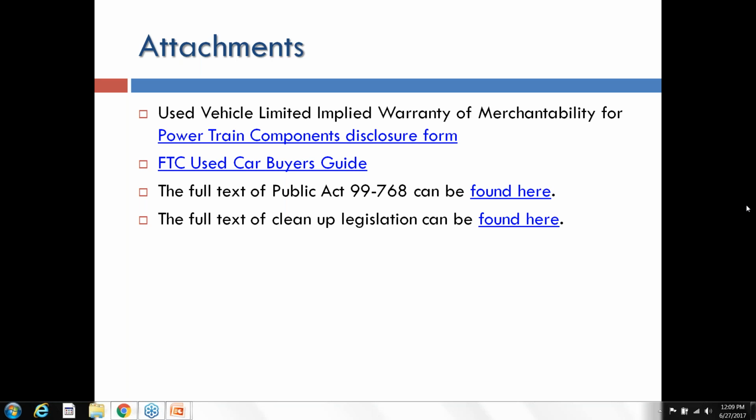So you have to offer that coverage, and if you're using a service contract, let's use an example: you sell a car today, the warranty company goes out of business tomorrow and the customer has a claim the day after that.